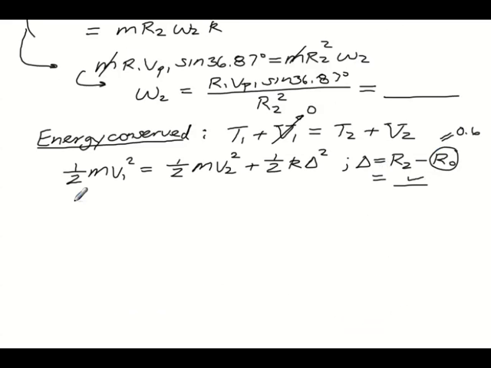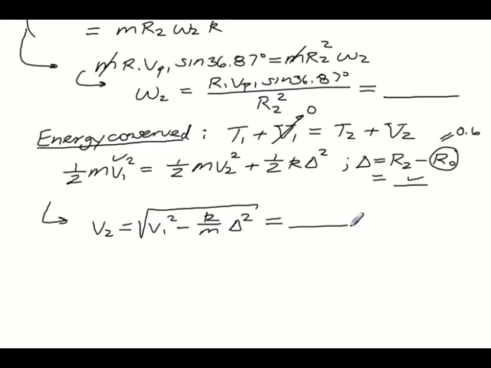Since we know V1, we can solve for V2, where V2 is going to be the square root of V1 squared minus K over M delta squared. Well, this is getting us in the right direction. We were looking for the velocity vector. We know one component, we know R omega, and now we know the speed, the magnitude.